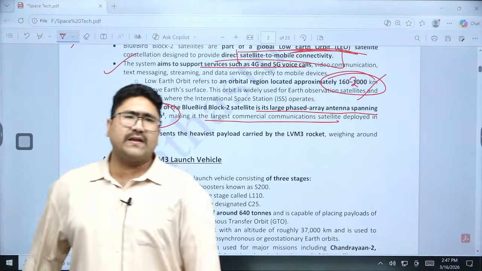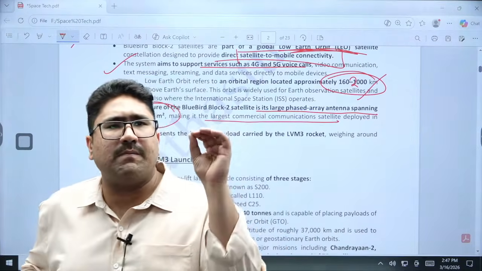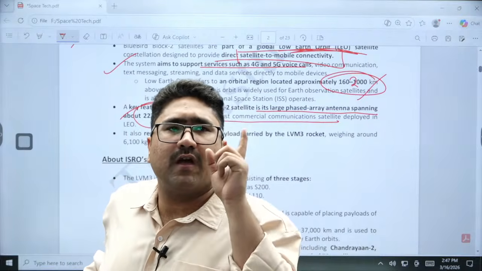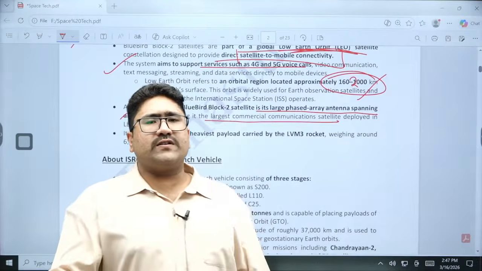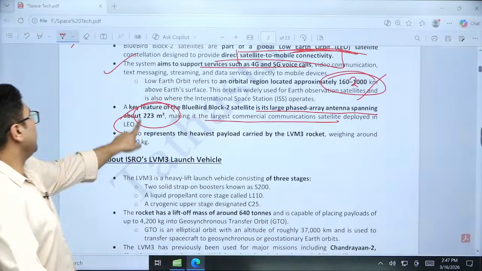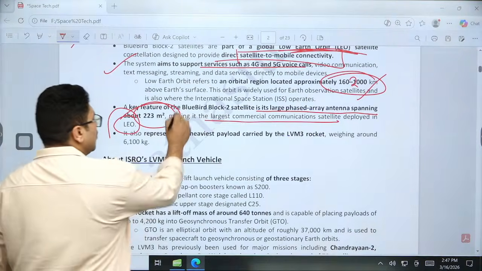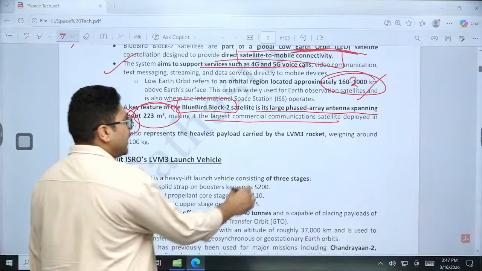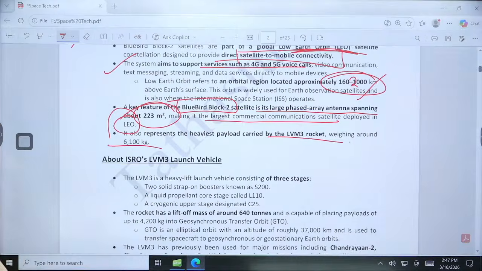So the USA has successfully manufactured the largest commercial communication satellite, which has been placed in lower Earth orbit. The name of the satellite is Bluebird Block 2. It also represents the heaviest payload carried by LVM-3, which is about 6100 kg.